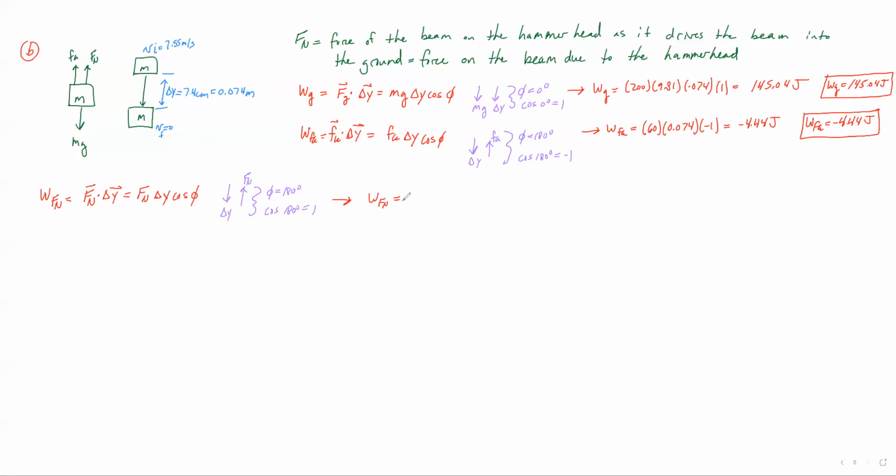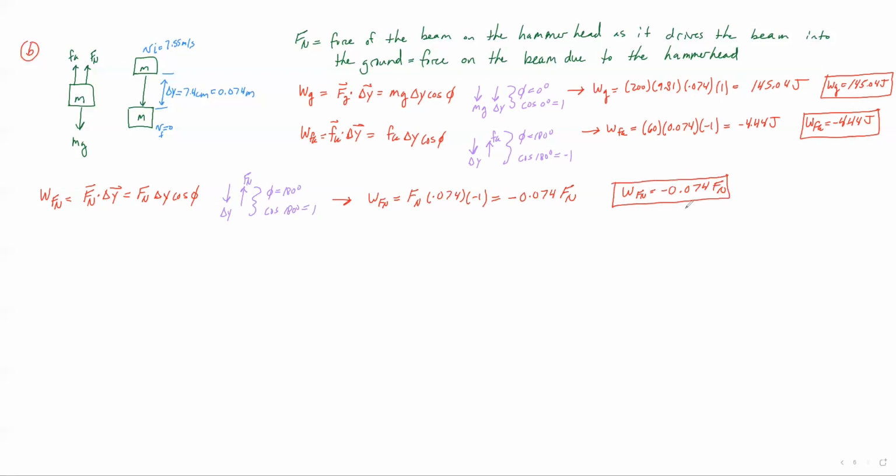That's going to equal F_n, I think I did my n backwards, times 0.074 times -1. But now I don't have the normal force. However, I'll be able to use the Work-Kinetic Energy Theorem to solve for it. So it's -0.074 F_n. Now I'll write that down. Okay, so I have this off to the side so I can use it when I need it.